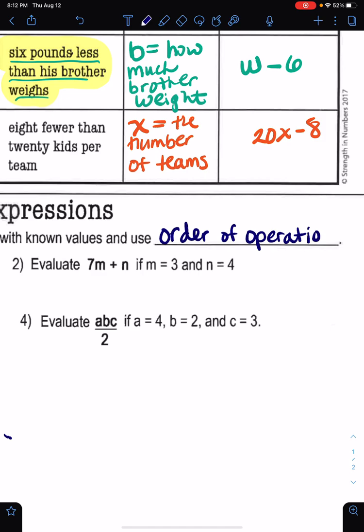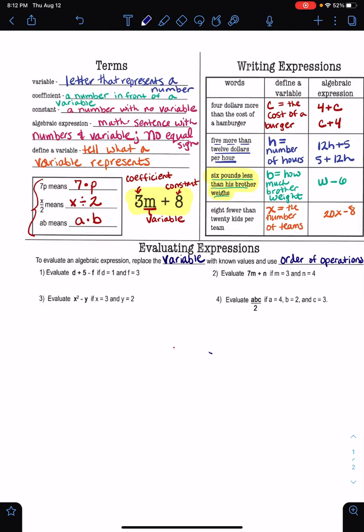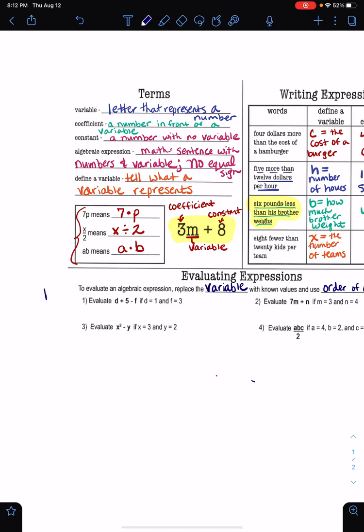Good old order of operations. Let's just real quick, order of operations is parentheses, exponents, multiply and divide in order from left to right, and then add and subtract in order from left to right.